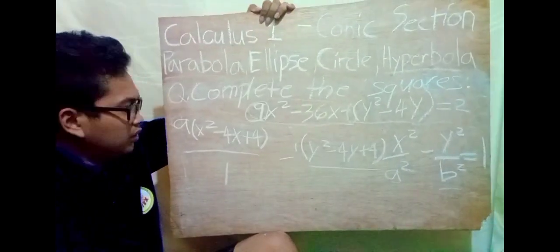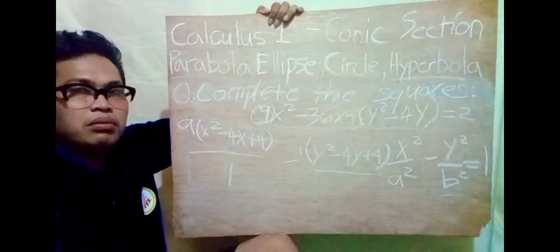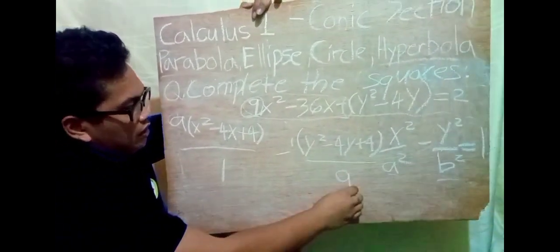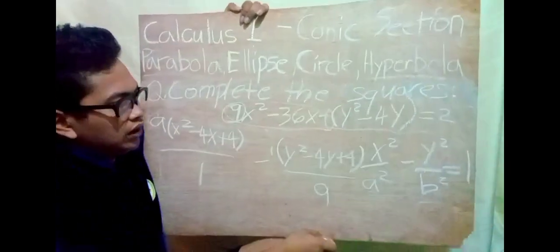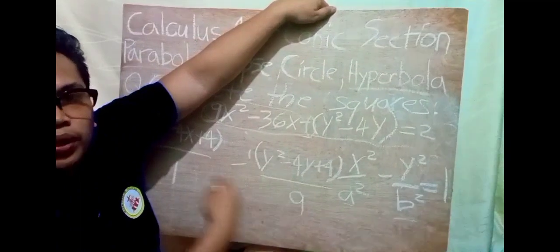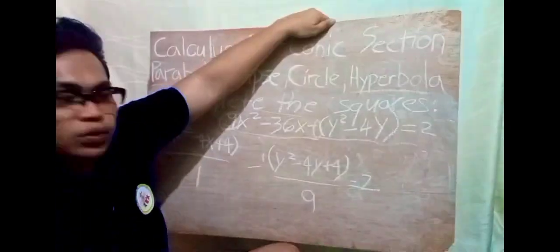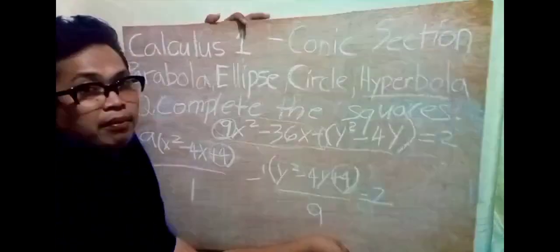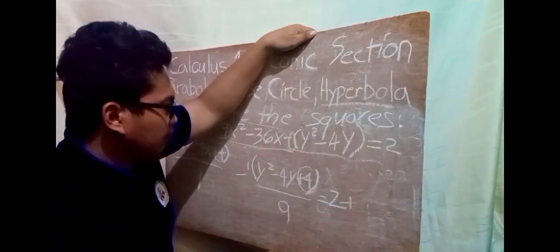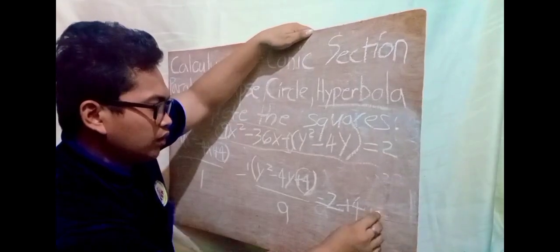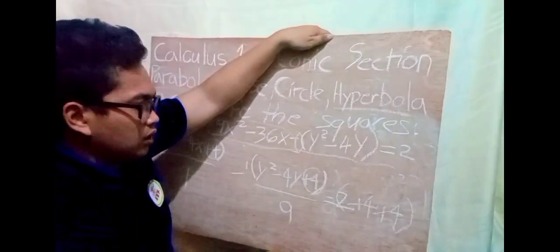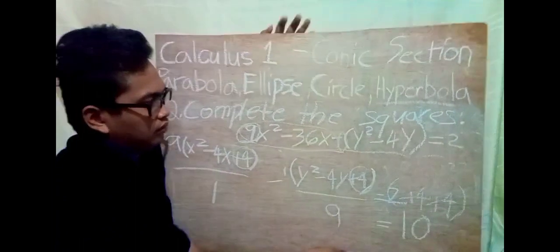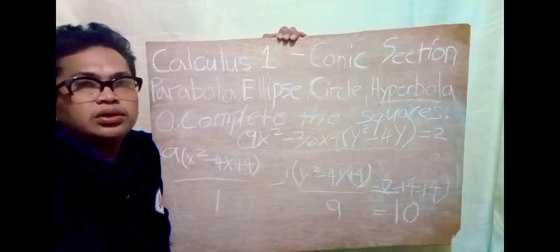The equivalent is always 9. Remember that we are adding the numbers 4 and 4, so we add them: 2 plus 4 plus 4 equals 10. That is the constant on the right side.